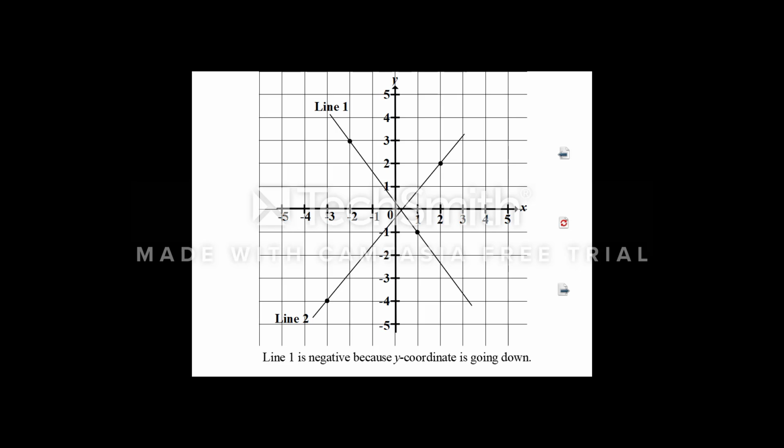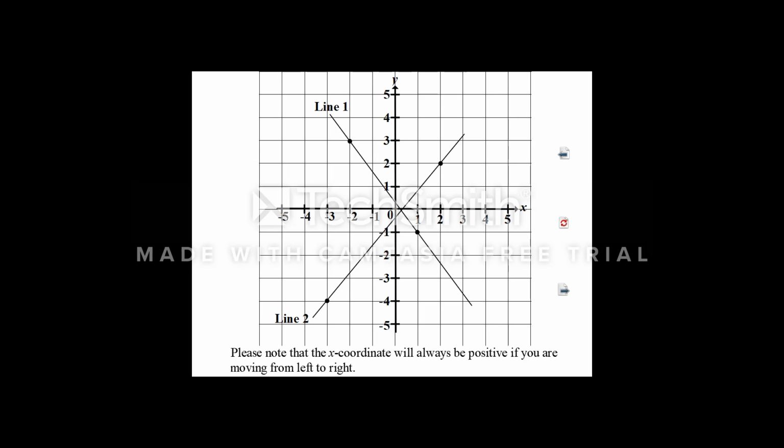So line 1 will have a negative gradient because we're going down. Any line that slopes down from left to right is negative, and any line that slopes up from left to right is positive.